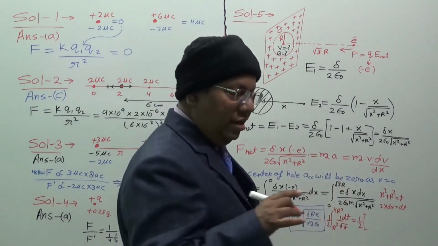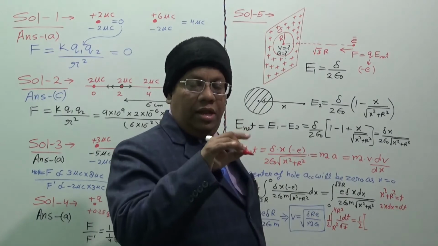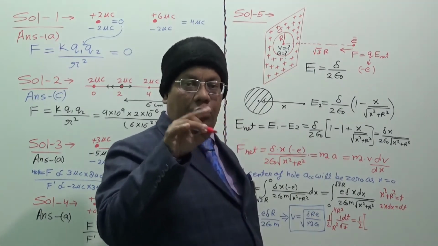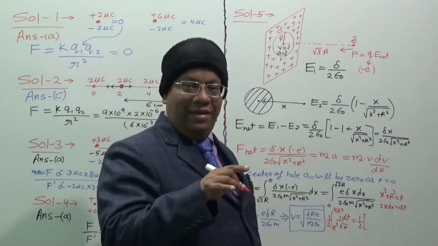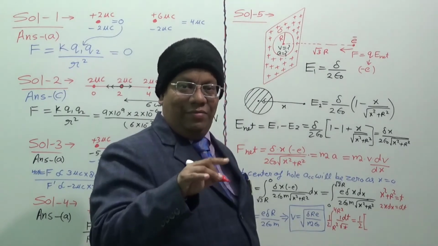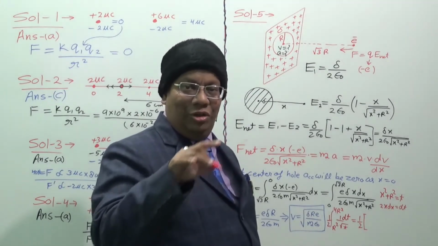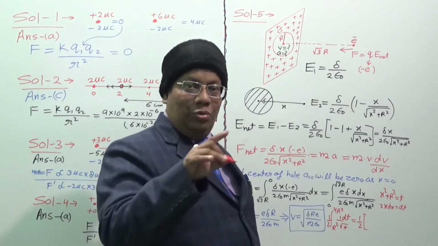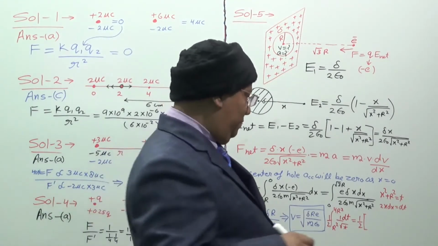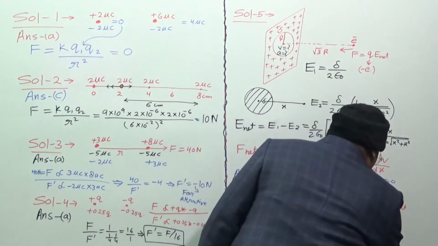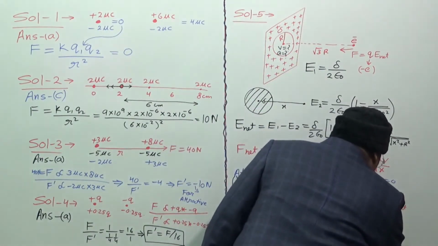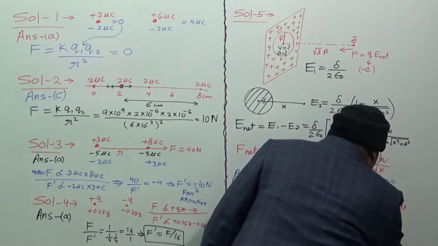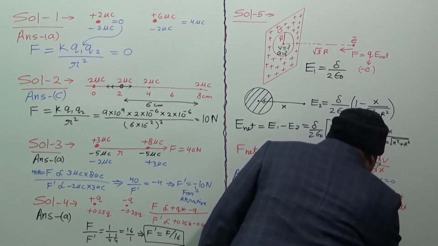1 by root 2 integration t to the power minus 1 by 2 plus 1 divided by minus 1 by 2 plus 1. So under root t by 1 by 2, so 2 under root t. Upper limit 4r square, lower limit r square.